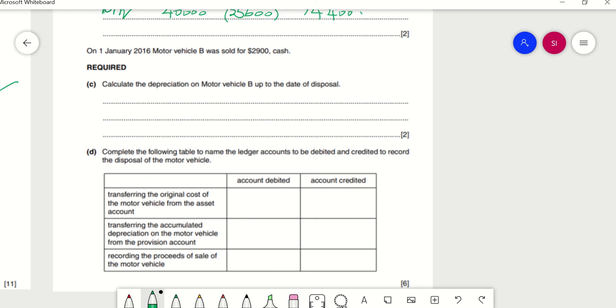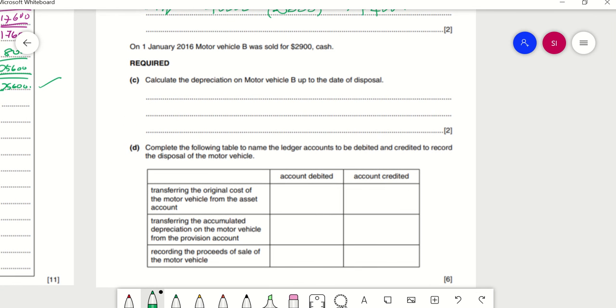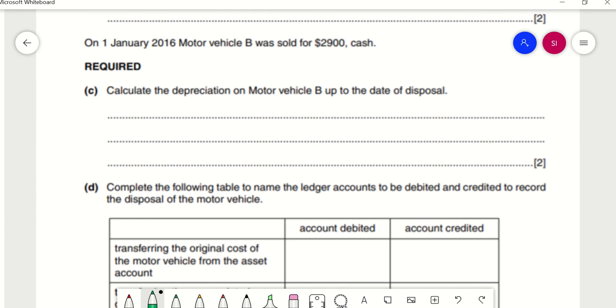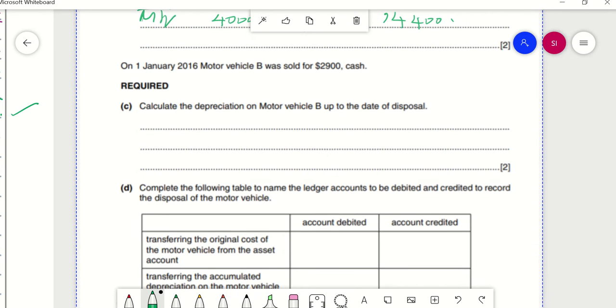Next one, calculate the depreciation of motor vehicle B up to the date of disposal. Now see, on 1st Jan 16, motor vehicle B was sold for 2,900 and they're asking you to calculate the depreciation for B, right? And when did they purchase it?